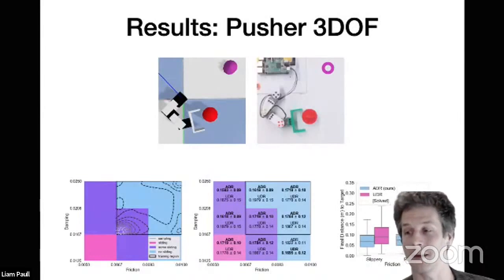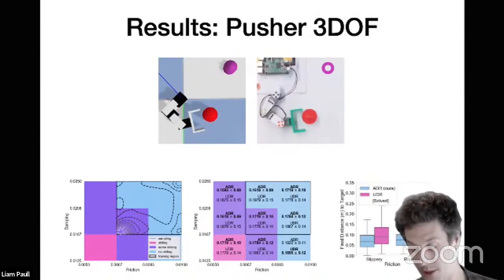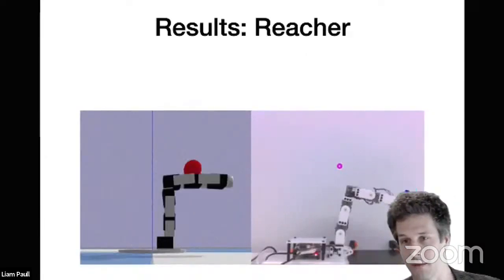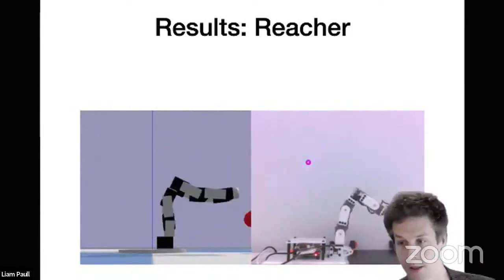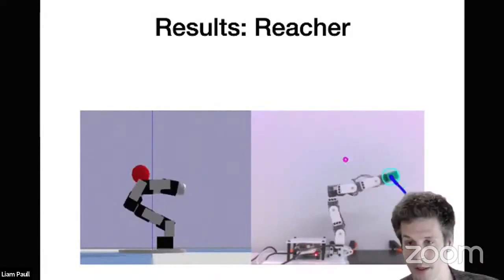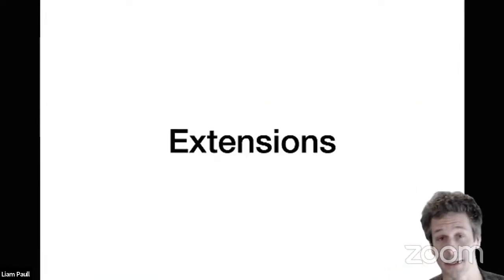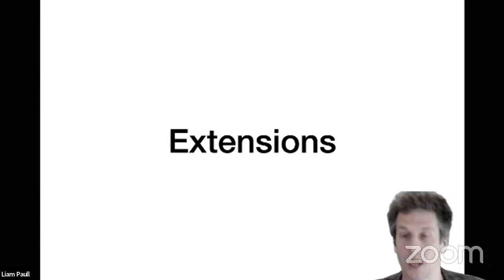The nice thing about this setup is that we can also do the real thing in the real world: we can change the properties of the table so that it slides more or less. And then this is a similar example where we have a very low-cost robot that's trying to reach a point in space. I just wanted to mention a couple of extensions to this framework, because I think it's actually a powerful framework. Maybe one criticism of it, well, I'll get to that in a second.